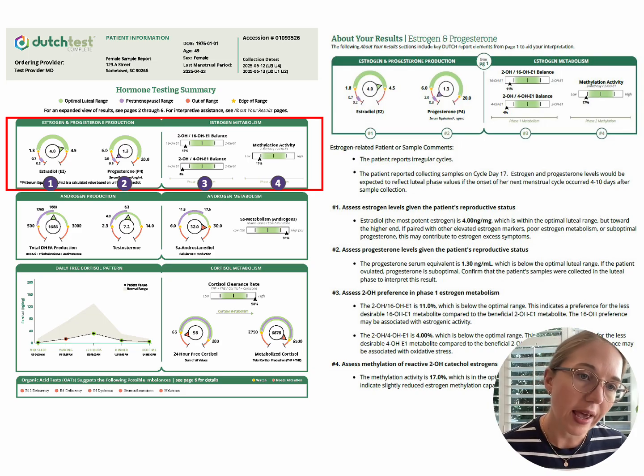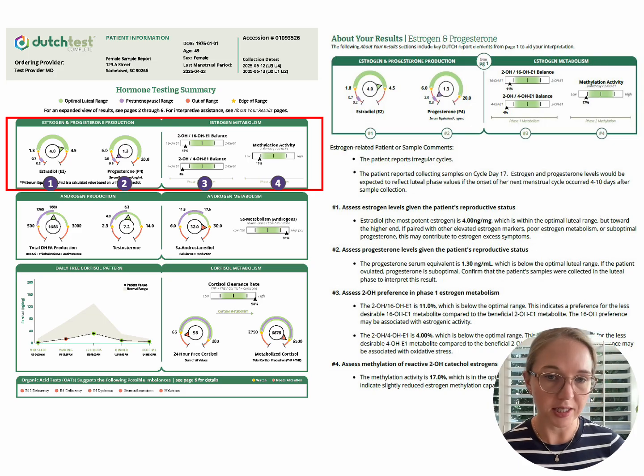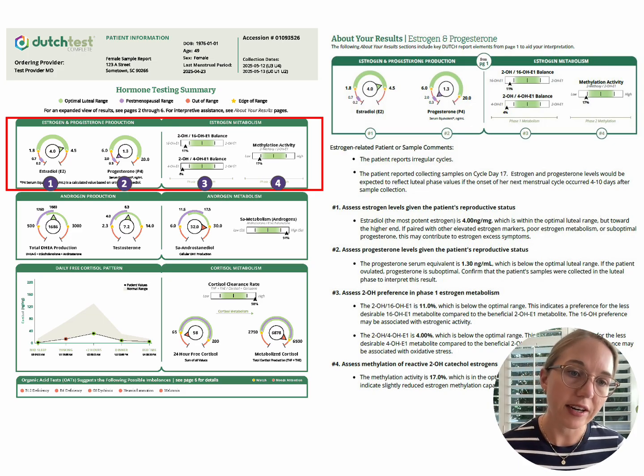So where estradiol is marked 1, you will see 1 in the About Your Results column is the interpretation correlating to that specific marker, the commentary on it, how to better interpret it, that kind of thing. And that goes all the way from 1 to 12, respectively correlating.